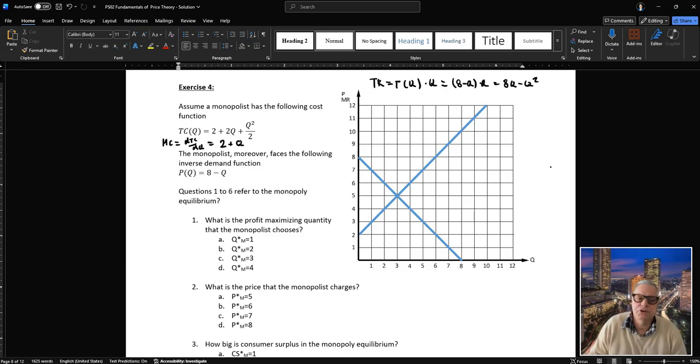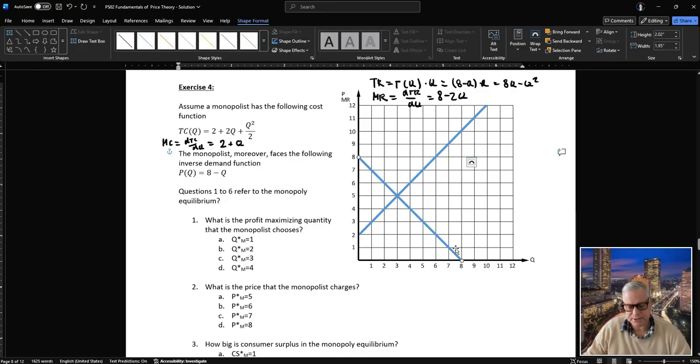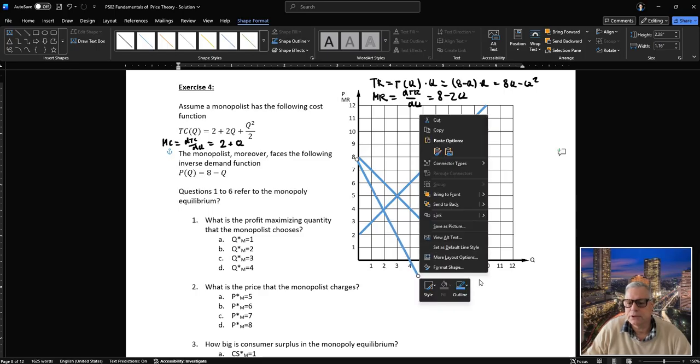And then the marginal revenue is the derivative of the total revenue, so that is 8 minus 2q then. So the point here is that the marginal revenue is always twice as steep as the demand function, at least when we have a linear demand function like here.